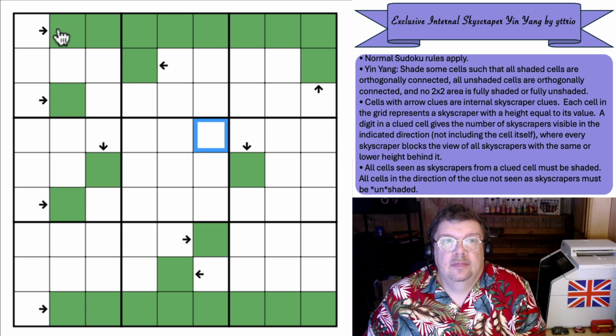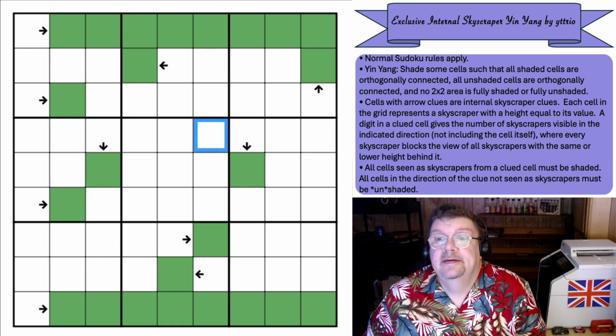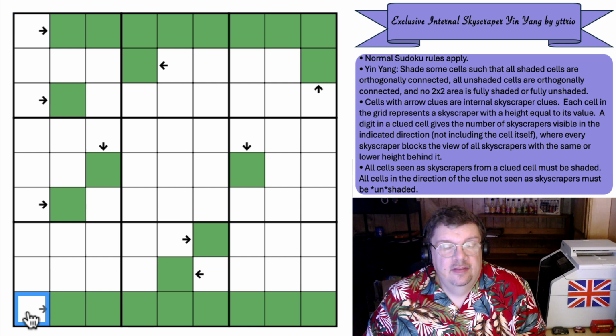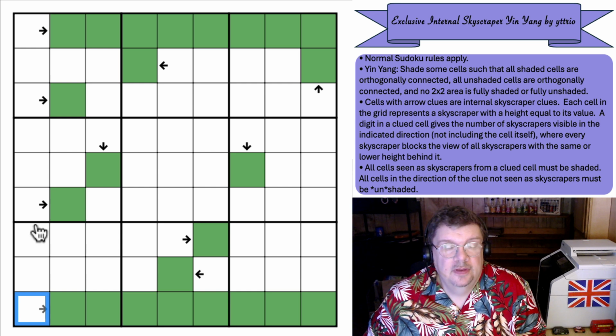Well, the cell here is showing the number of shaded cells that it sees in that direction, because that's how they have to be shaded for the skyscrapers that it sees. So this would have to be an 8, and this would have to be an 8. So that is not permitted by Sudoku. So that means the entire border is not going to be shaded.